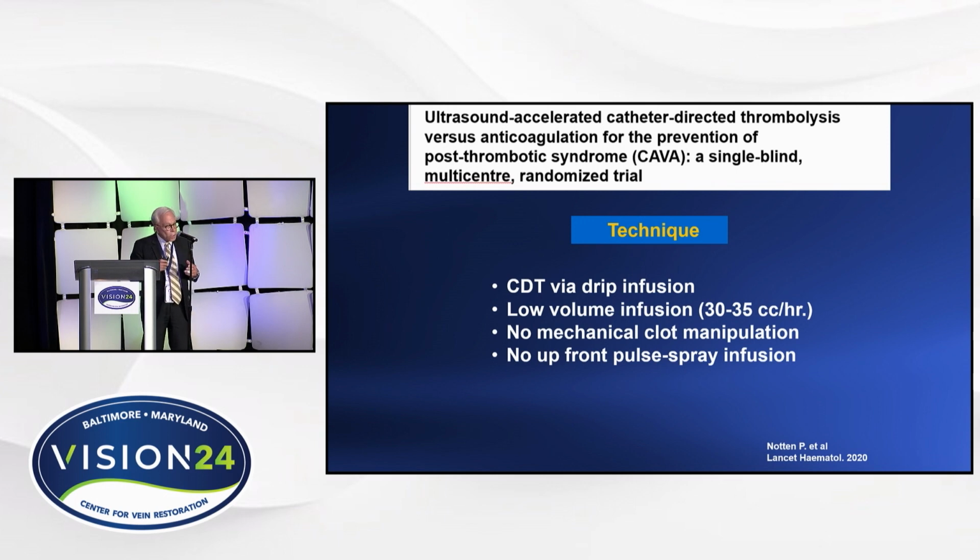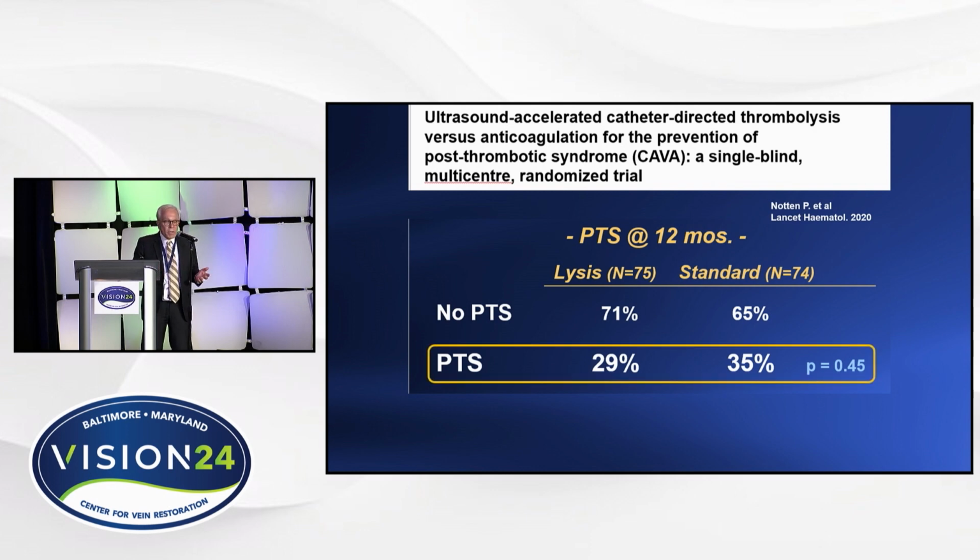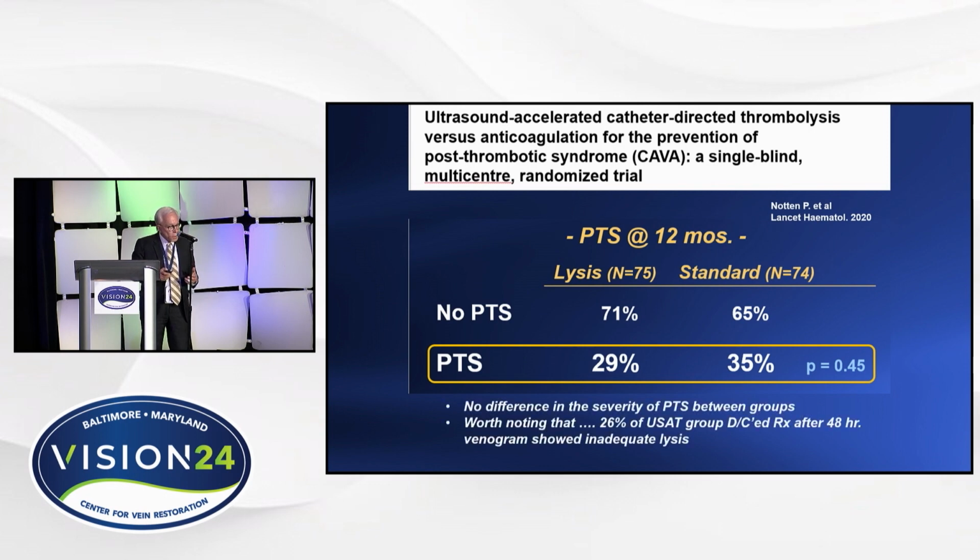They, too, used catheter-directed thrombolysis via a low-volume drip infusion; with the EKOS catheter you're limited to an infusion volume of 30 to 35 cc's per hour. There was no mechanical clot manipulation and no upfront pulse spray infusion. And they did not show any difference between the control group and the catheter-directed thrombolysis group.